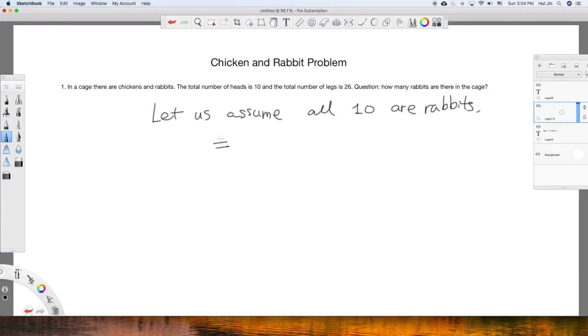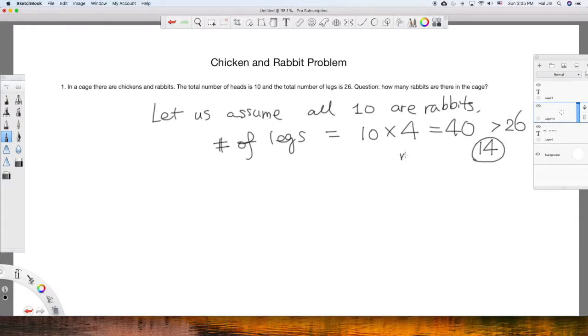Then the total number of legs equals 10 times 4, right? That's 40. That's definitely bigger than 26. By how much? We need to reduce 14 legs.